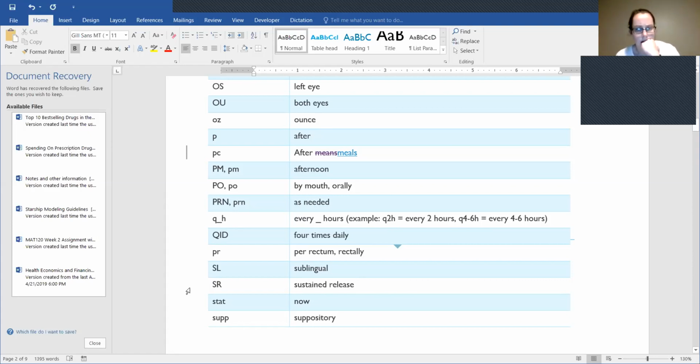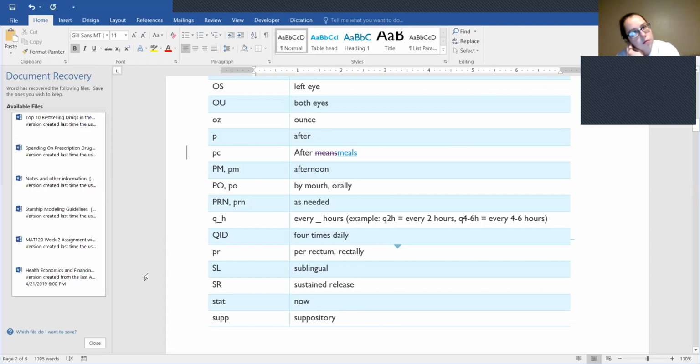The problem with many of these abbreviations is that a lot of them can have a couple of meanings, so you have to look at context. Many hospitals have actually gone to telling people they cannot use abbreviations in medical records because it's too easy to make mistakes.